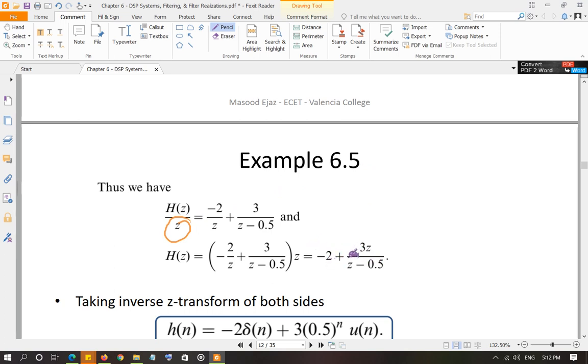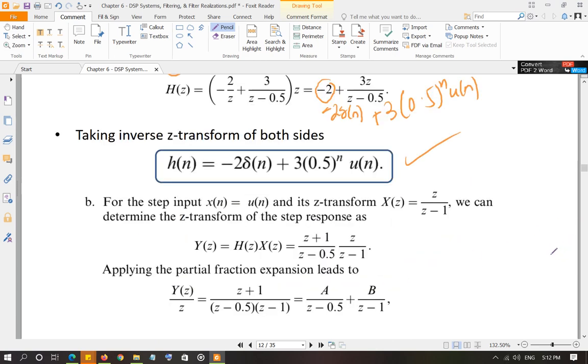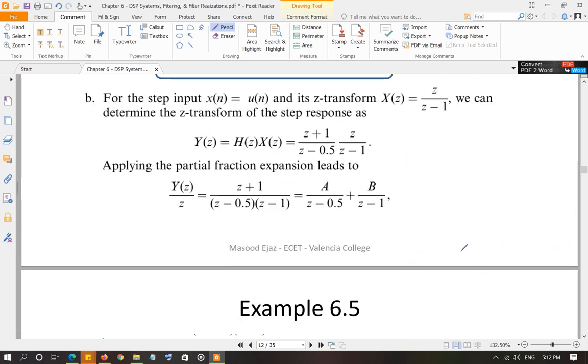So you get -2 plus 3z over z minus 0.5. And -2 is basically the inverse z transform of -2 delta(n), and the other term is simply 3 times 0.5 to the power n u(n), and that's what you see over here actually.